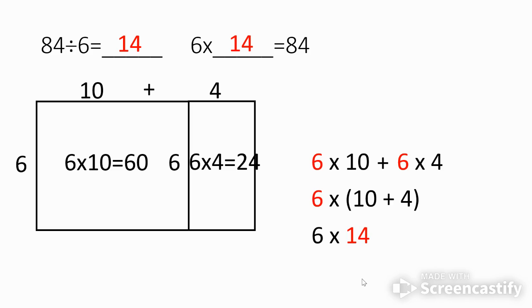And if we look at the top, we know that 6 times 14 is 84. If that's the case, 6 times 10 plus 6 times 4 is 84. And 6 times 10 plus 4 is 84. And we also know that 6 times 14 is 84.